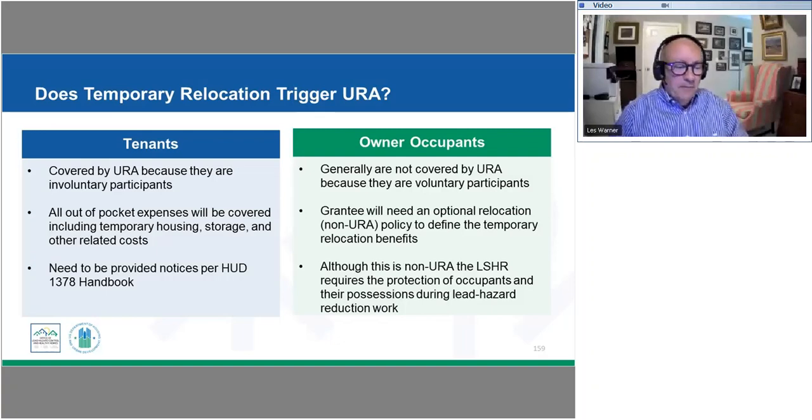If we're doing single family owner occupied, then generally those are all going to be voluntary participants, so it's not going to need to follow all the very specific Uniform Relocation Act requirements. In those cases, it's that relocation policy that Chris talked about in the exercise where you're going to make a whole number of policy decisions.